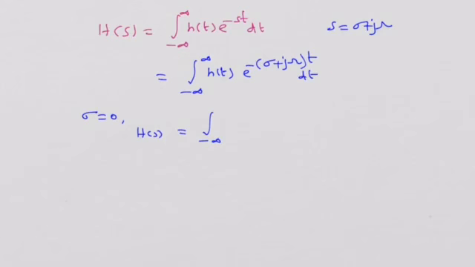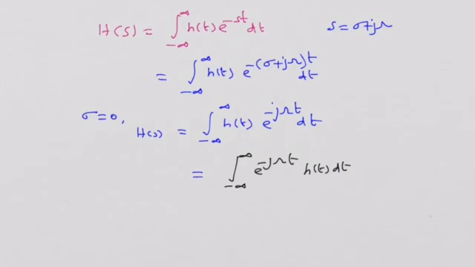integral minus infinity to plus infinity h of t into e power minus j omega t into dt. Or we can even rewrite the same expression as integral minus infinity to plus infinity e power minus j omega t into h of t dt. Just rearrange the expression so that it will look like integral u dv.